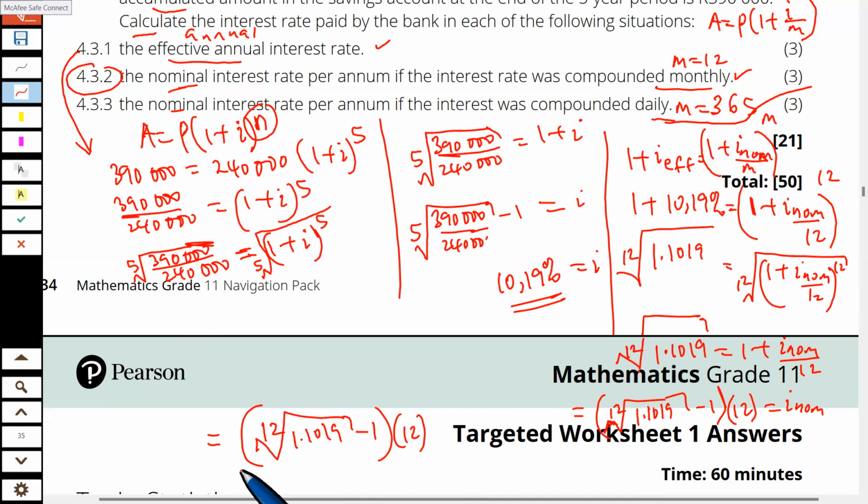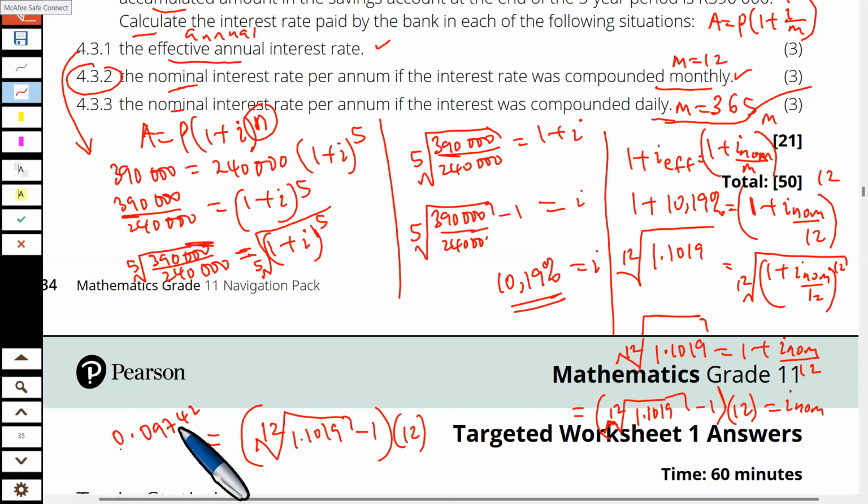And then the answer here is, what you're getting here is 0.0. Yes, I got 0.097. Yes, that's the answer.